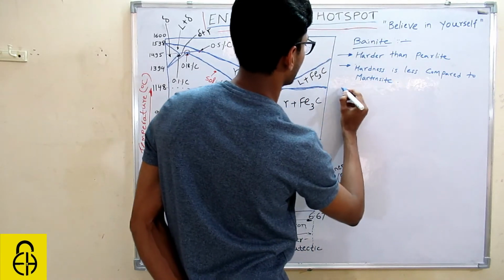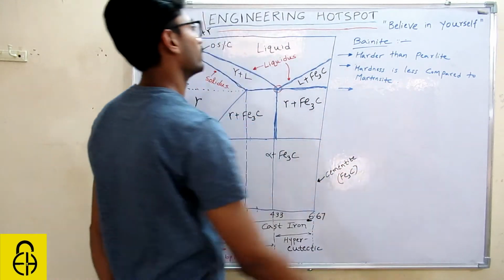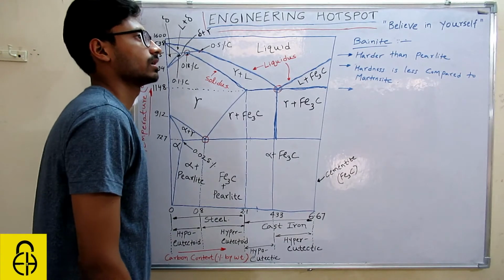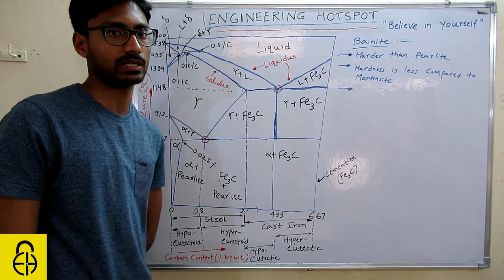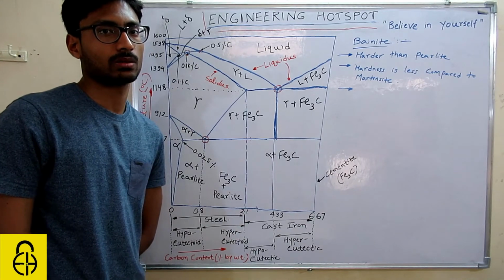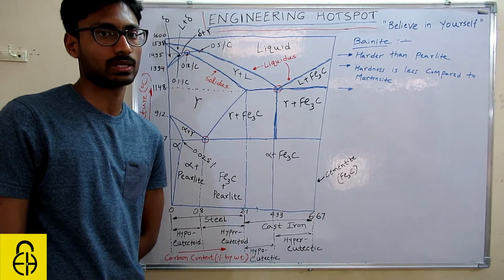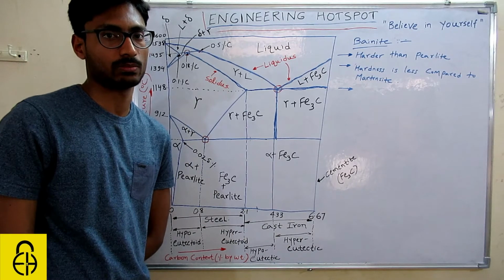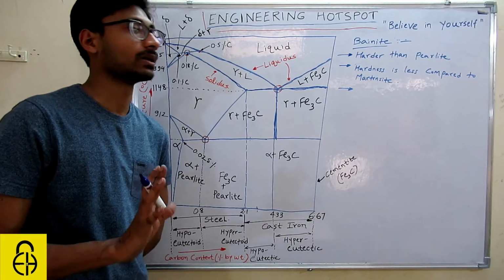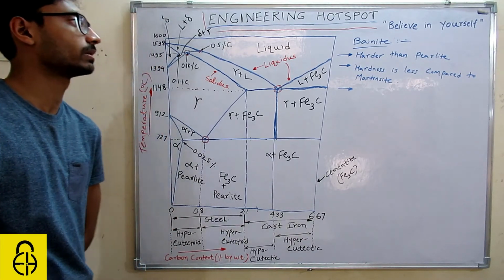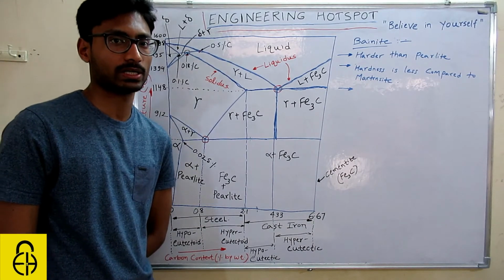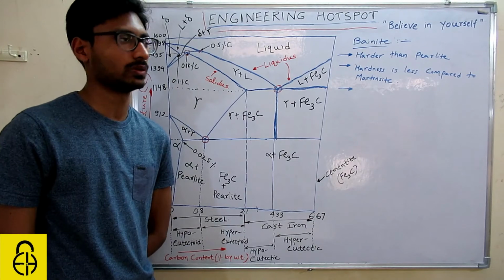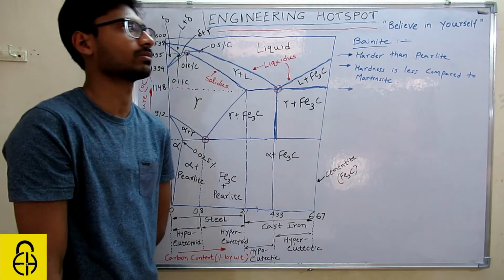This is also formed from austenite. When we are cooling austenite at a rate that is lower than the critical cooling rate, but higher than what we require to form pearlite. So if the cooling rate is more than the cooling rate required for pearlite, and less than the critical cooling rate, in that case bainite will be formed.